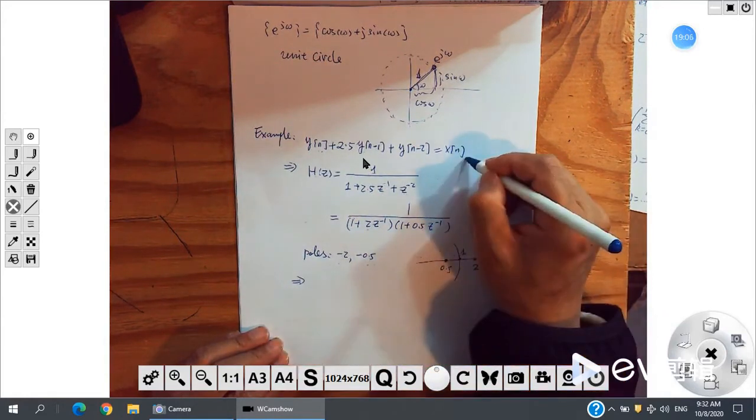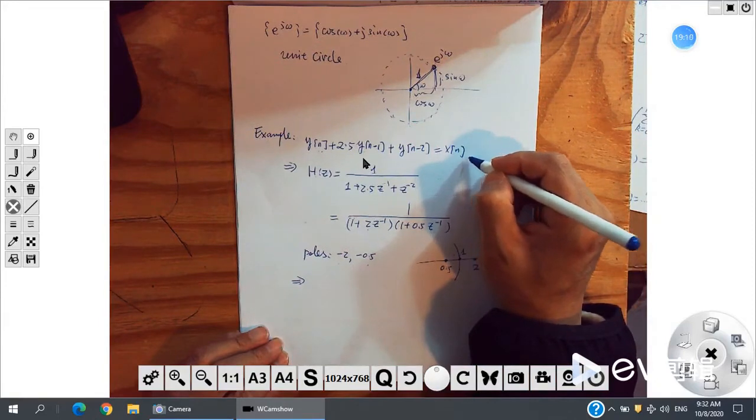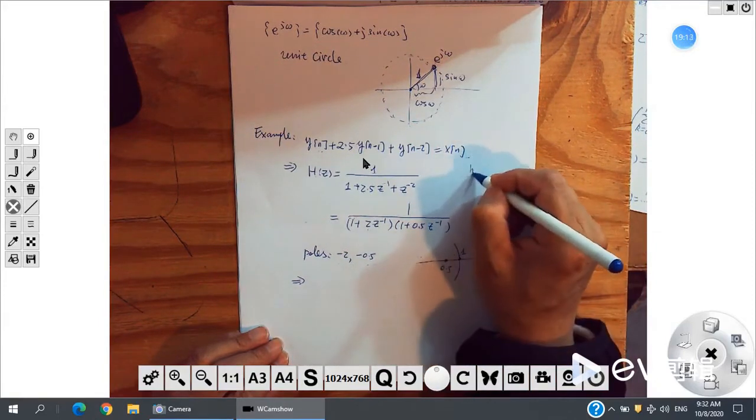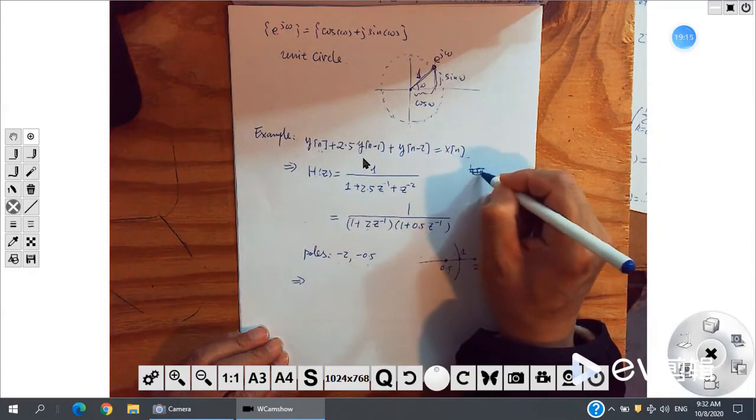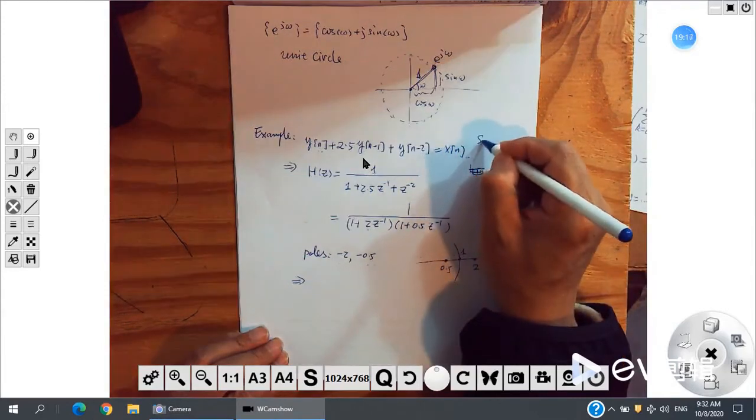So suppose this h of n system is stable.